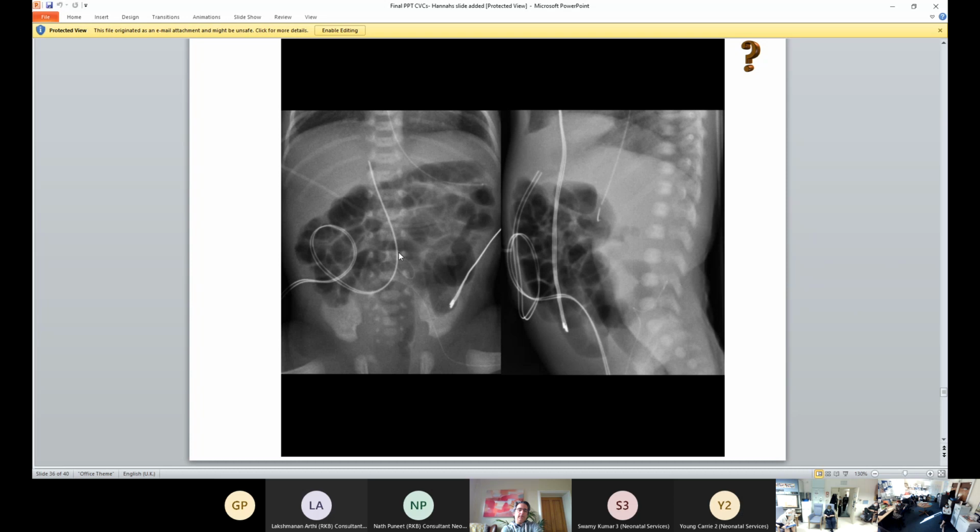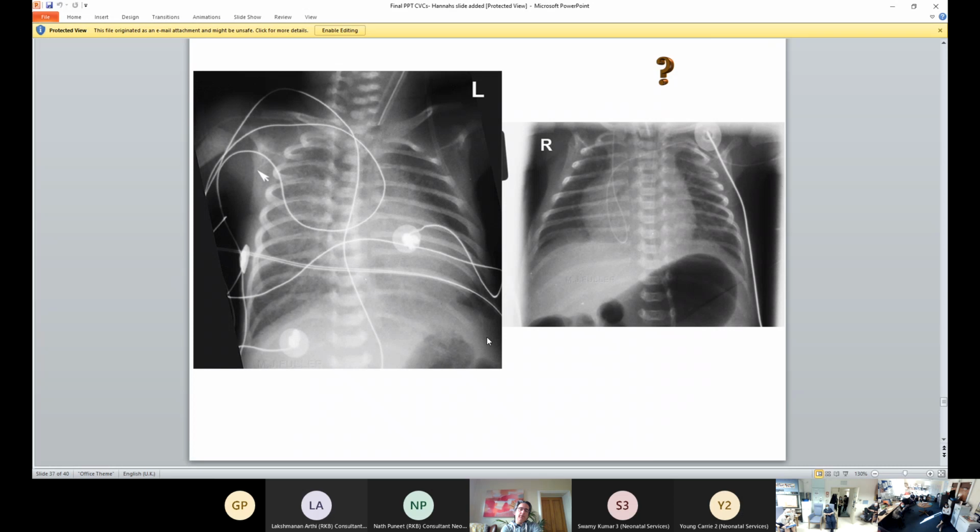We previously said if you see any sharp deviation or kinks, it means a wrong position. When they did a lateral X-ray and looked at the same line, they found that the line had entered the spinal cord. So any sharp deviation or kinks means a wrong position and can be in a serious place.